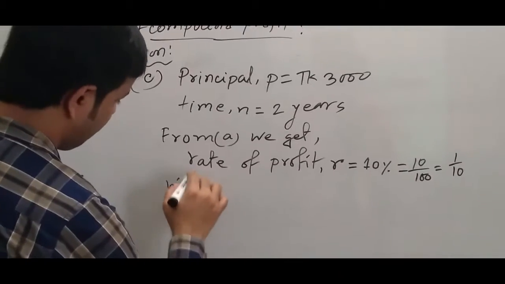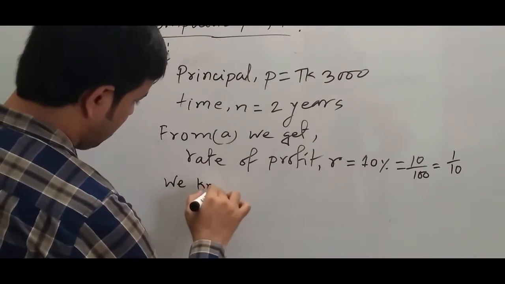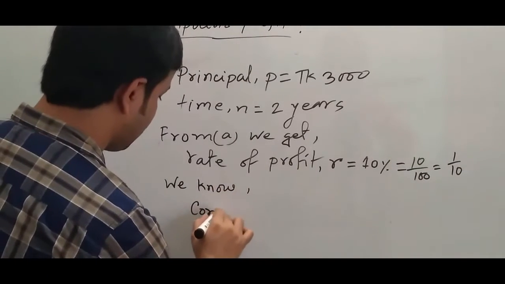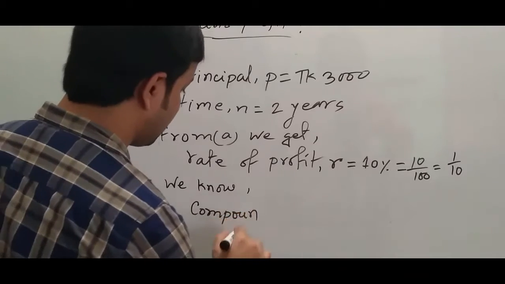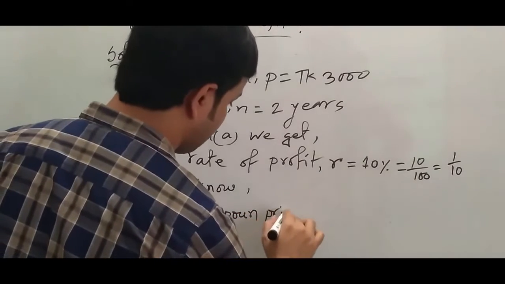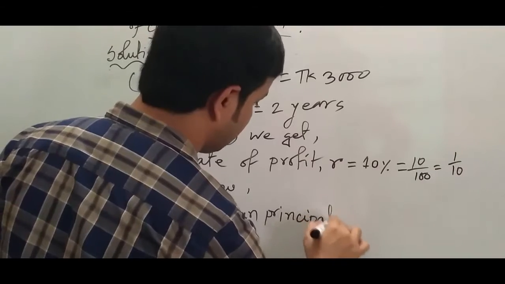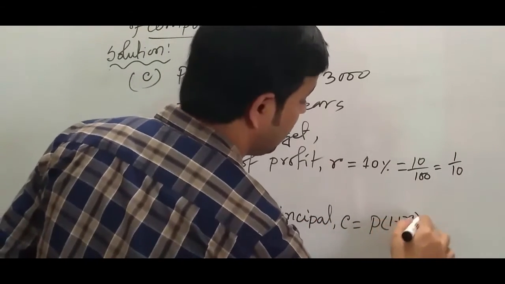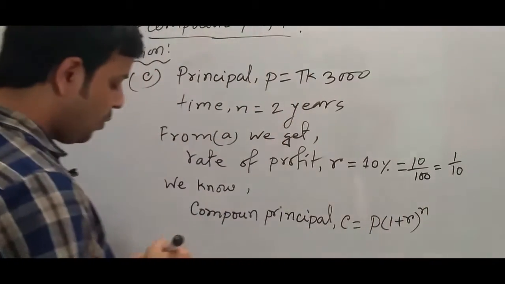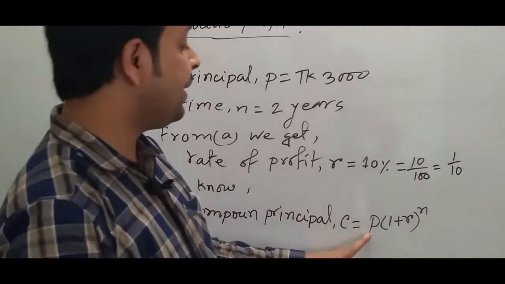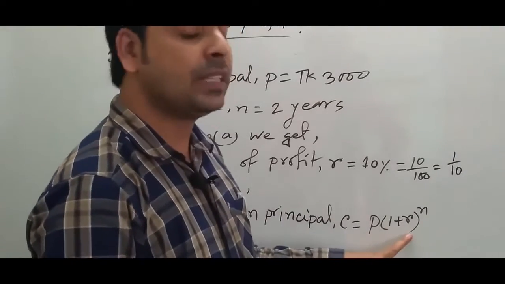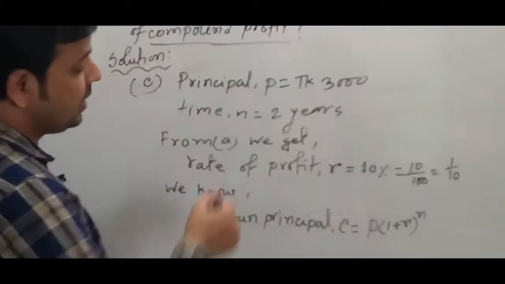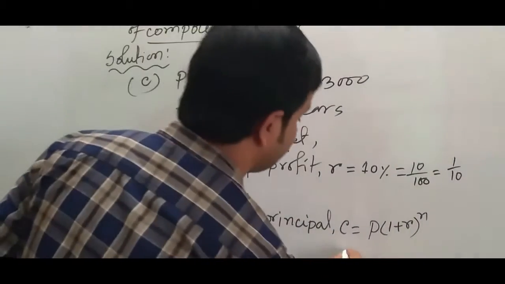We know compound principal C equal to P into 1 plus R whole to the power n. Now we know the value of P means principal, R means rate of profit, and n means time. All the values are given here, so we can put the value.